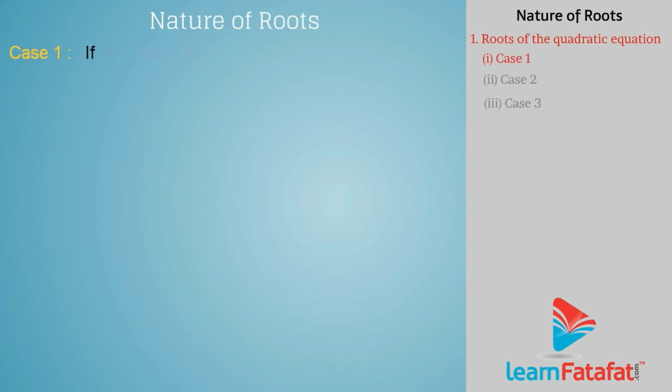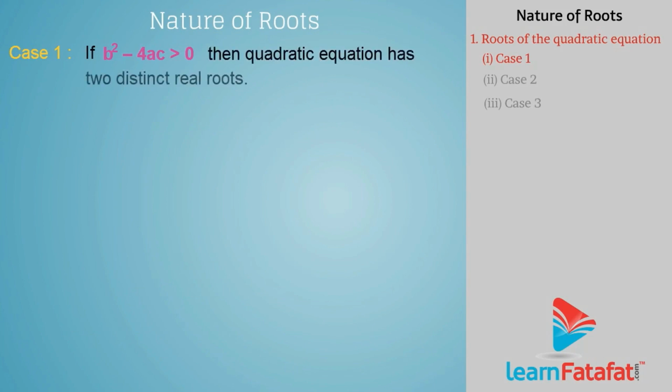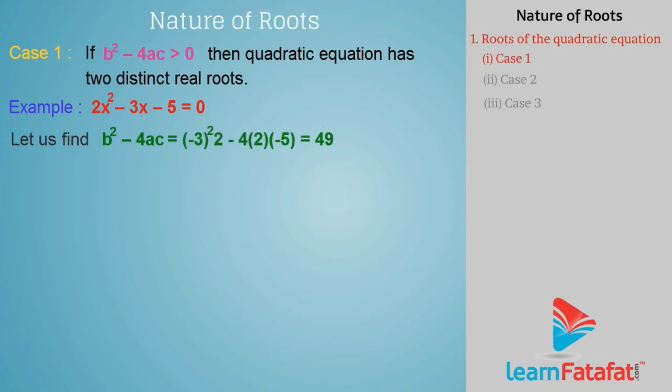Case 1. If b square minus 4ac is greater than 0, then quadratic equation has two distinct real roots. Example: 2x square minus 3x minus 5 is equal to 0. Let us find b square minus 4ac. That is, putting all the values, we get 49, which is greater than 0.